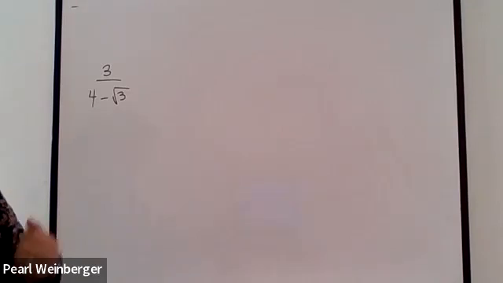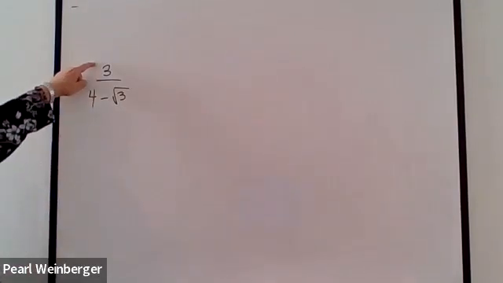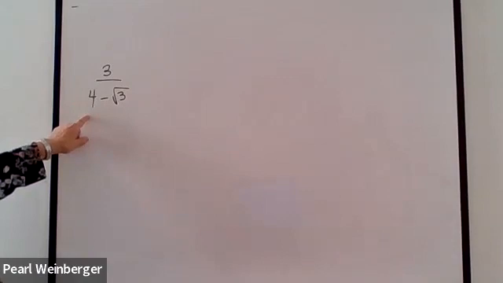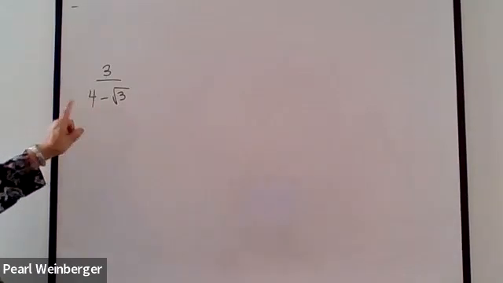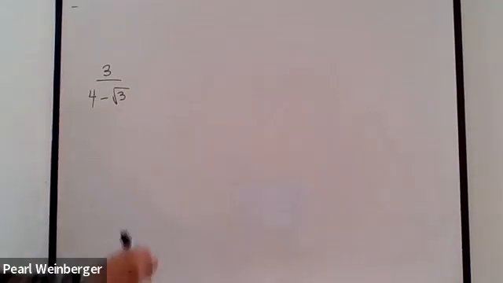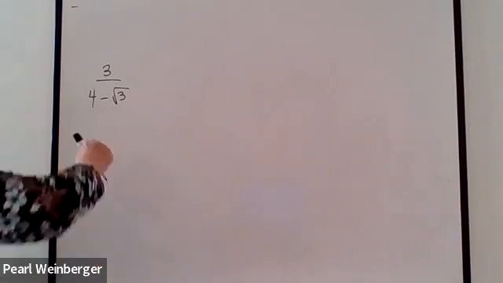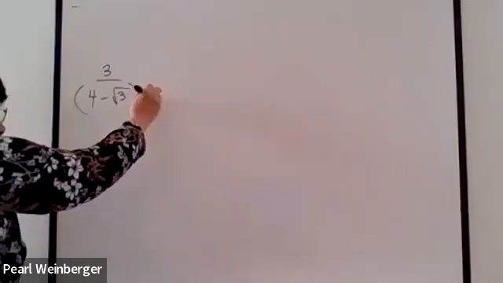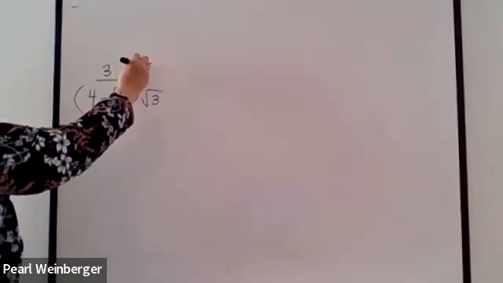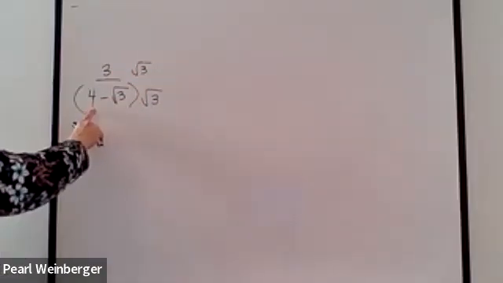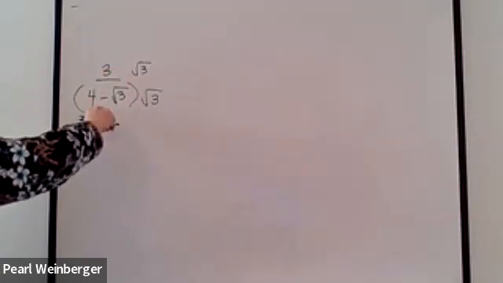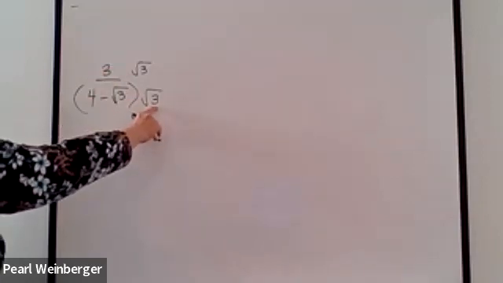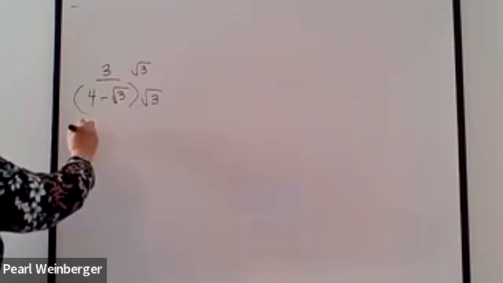And the question is, what do I do? If I followed my rules from before, I would tell you, oh, multiply the top and the bottom by radical 3. But that won't work. Why? Because if I multiply the bottom by radical 3, since this is a binomial, I'd have to use the distributive property.